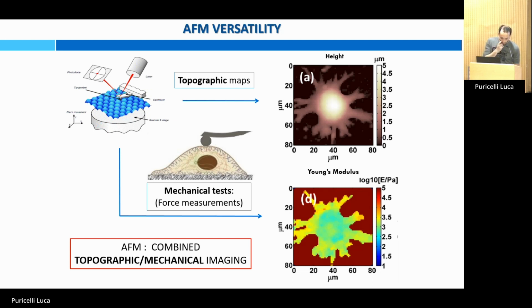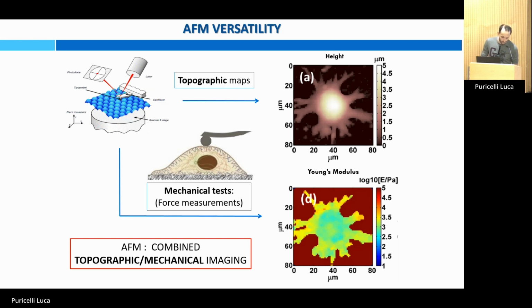What you see here are 3D force maps. I mean, the height of the maps is given by the color scale. On the top you see the height, so the topography of the cell, which is a PC12 cell, whereas on the bottom you see the mechanical parameter, which is the Young's modulus, an intrinsic parameter.